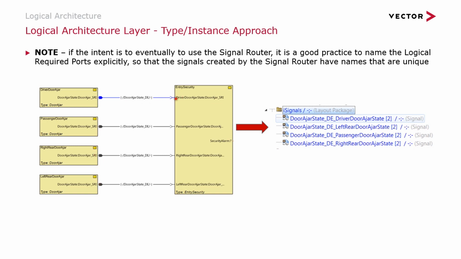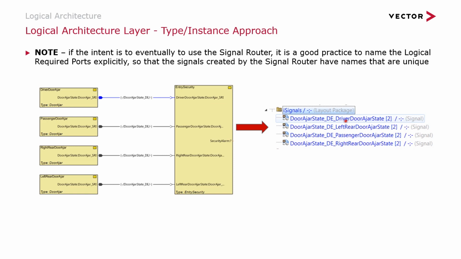The receiver is the place where you're probably going to want to have a specific name for the interface so that the router, when it's done creating signals for you, you'll actually have a differentiation between the different locations.